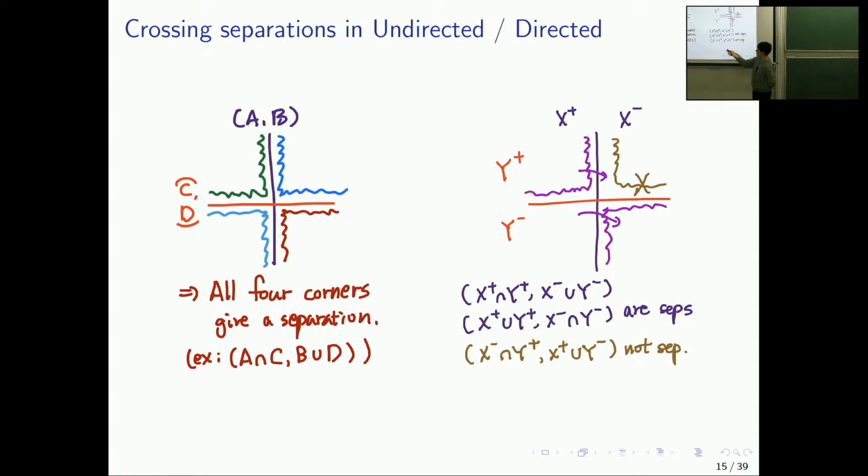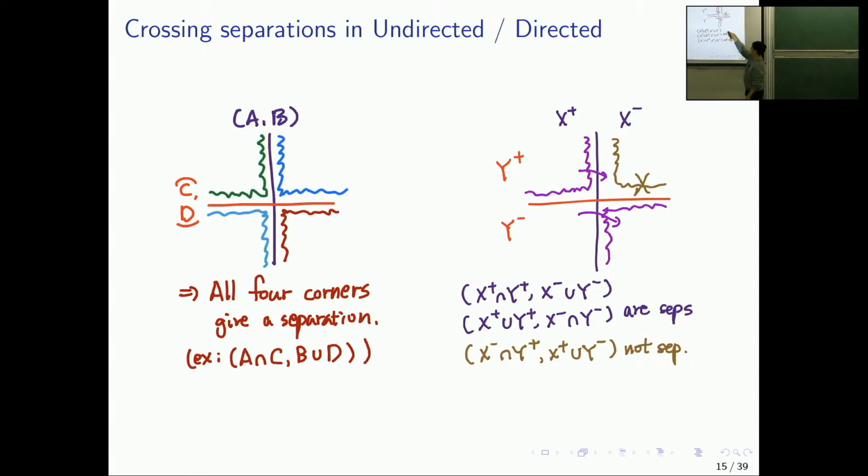Whenever you choose one of the four corners, like A intersection C, you can take it and the rest on the other part, and make a separation. This is a separation because all the vertices on the boundary block all edges anyway, right? But for directed graphs, it's not true because it depends on which edge is blocked, right?